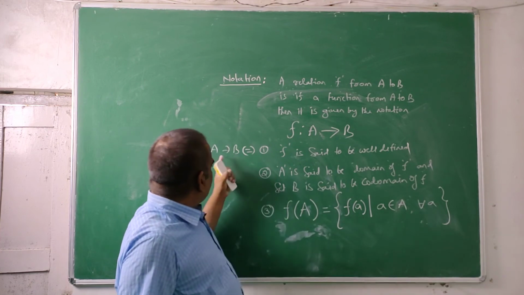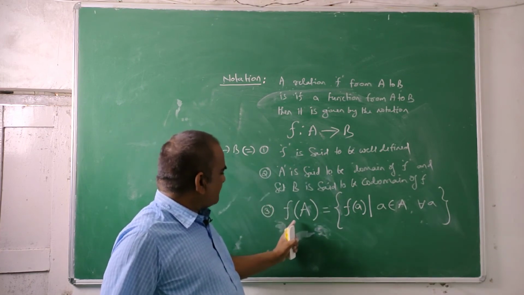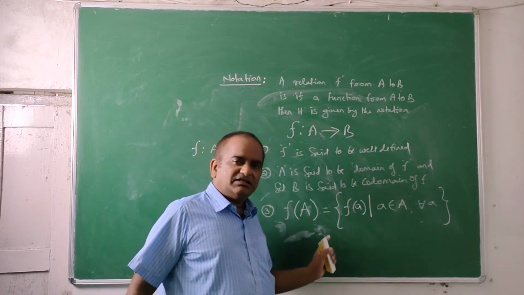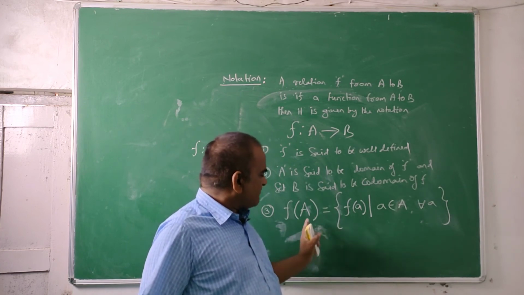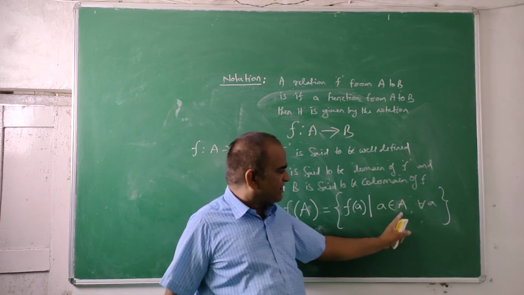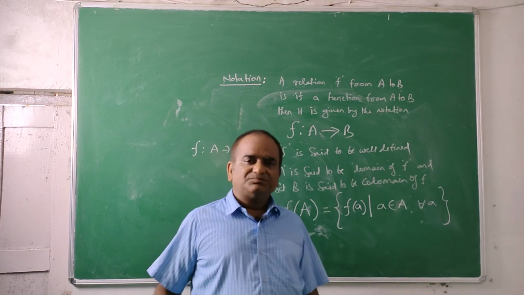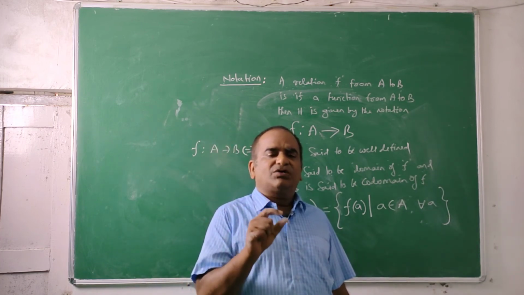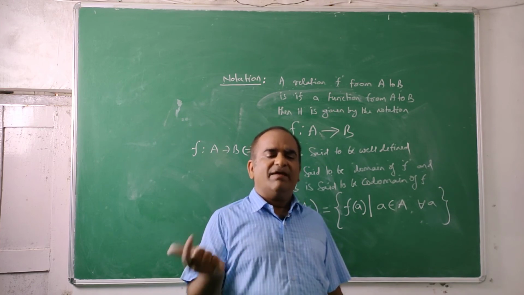When F maps A to B, the range of the function F is denoted by F of A, and it is defined as F of A is equal to the set of all F of a such that a belongs to A. So it means that you have to collect all images of the domain elements.